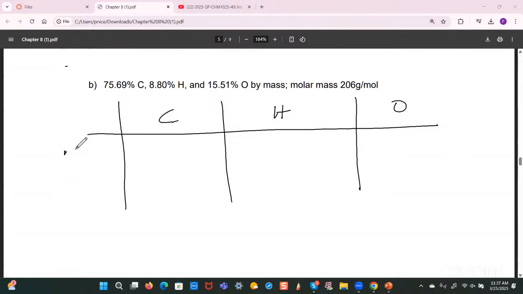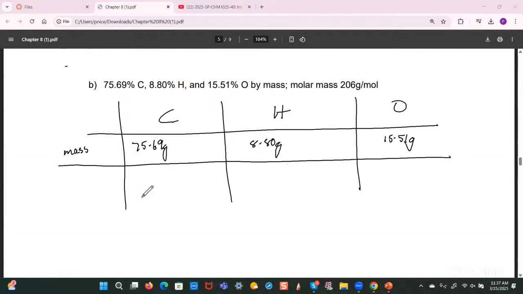So for carbon, that is 75.69 grams. For hydrogen, that is 8.80 grams. And for oxygen, that is 15.51 grams. Okay, so I'm getting you off to a start here. I need you guys to tell me what would be the next step in this process.